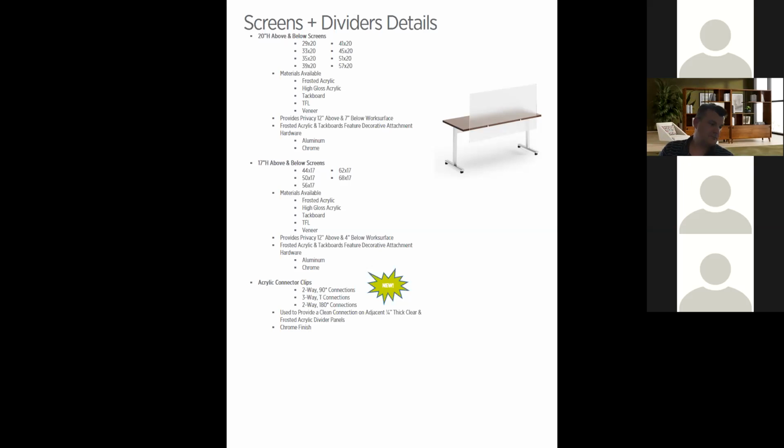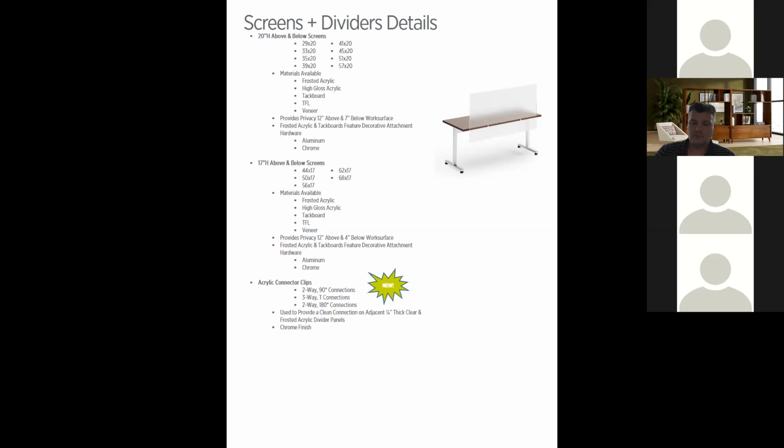And then the last thing on this page that are new are the acrylic connector clips. What this is going to provide is a clean connection when you have two acrylic panels coming together at a 90, or a T, or a 180 degree connection.